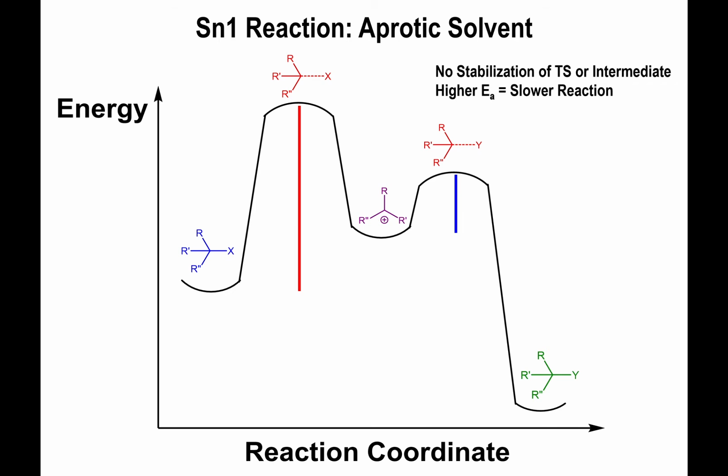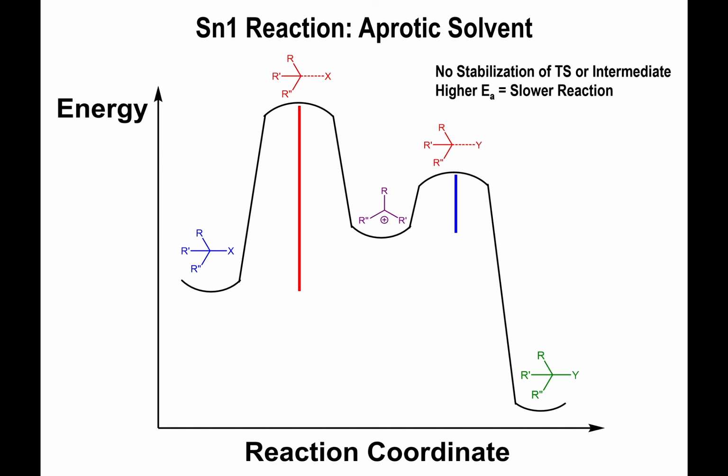Now, one thing I want to highlight though is that I don't mean to say that you cannot run an Sn2 reaction in a protic solvent, or vice versa, that you cannot run an Sn1 reaction in an aprotic solvent. You can certainly do those things, but if you mismatch the type of solvent with the type of reaction you're trying to do, you're going to basically take a hit on the time that it takes the reaction to be finished, right?